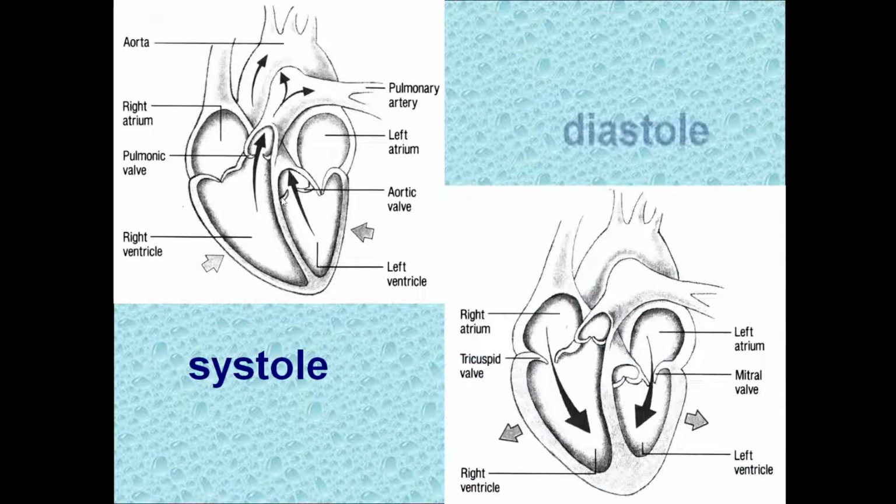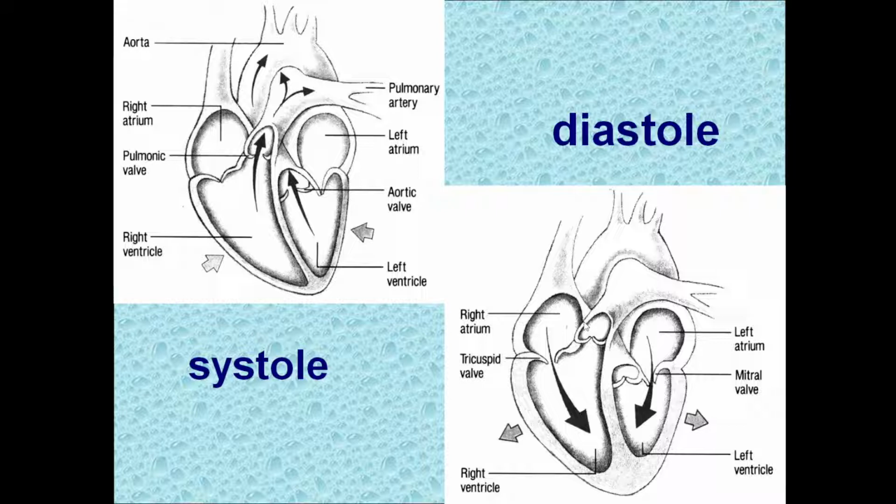Diastolic period: heart relaxed, ventricle filled with blood. Atrioventricular orifice must be opened, vessels semilunar valve closed.